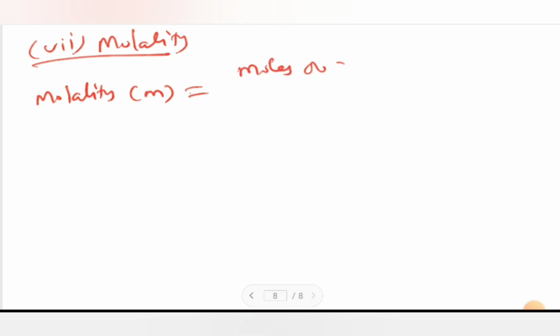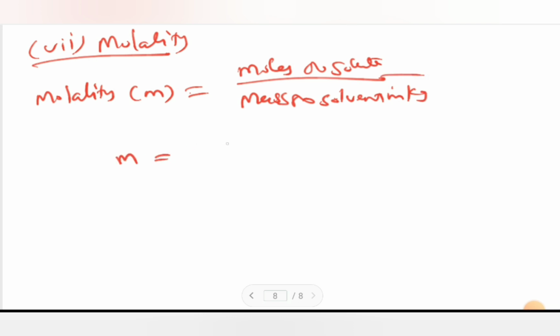Molality is moles of solute divided by mass of solvent in kg. So the simplest formula is m is equal to weight of the solute divided by molecular weight of the solute multiplied by 1000 divided by mass of the solvent in kilogram. That is the key.